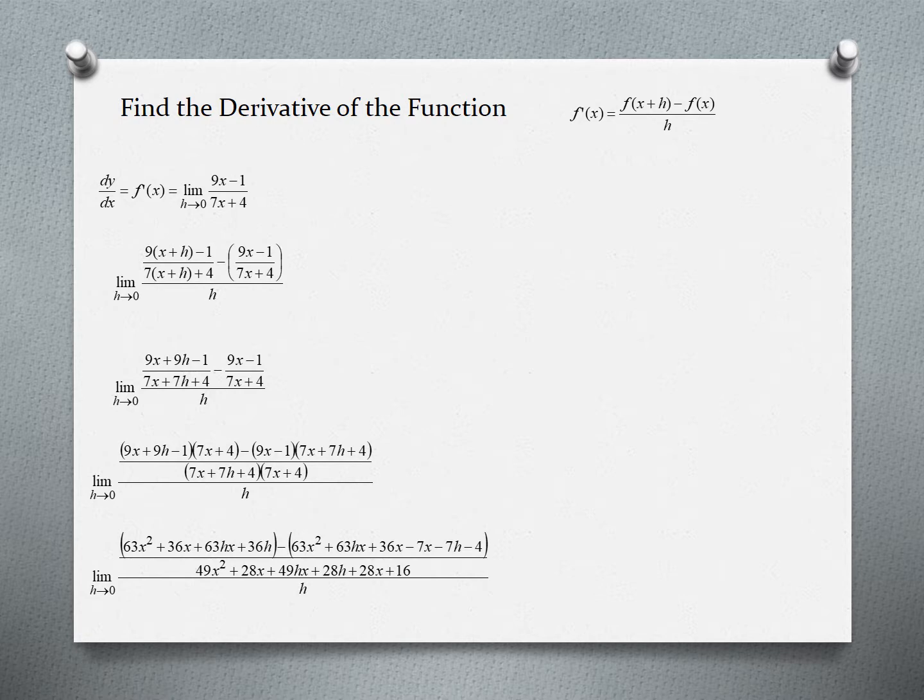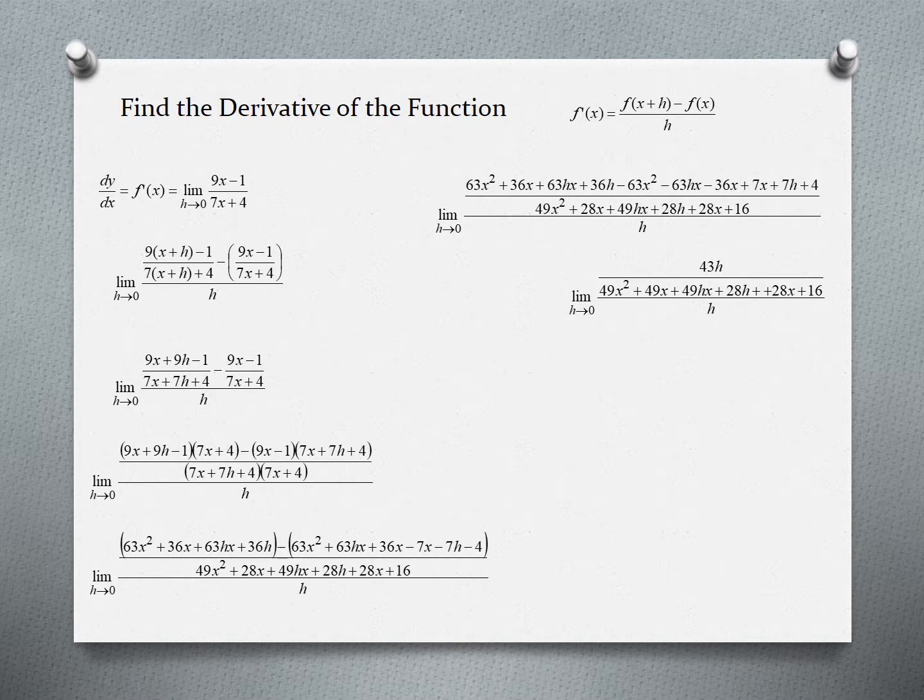At this point, I'm preparing to subtract these two polynomials. So I'll go ahead and do that. Notice how I distributed in that highest numerator. I distributed the negative throughout that second set of parentheses. That's all that's happened so far. Now I'm going to look for any like terms that can be combined.